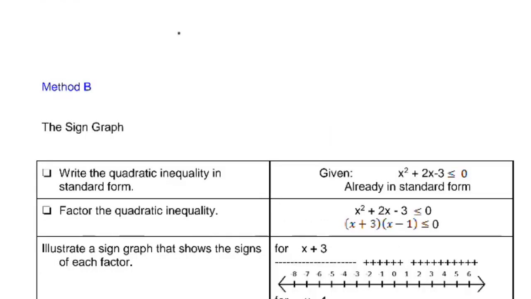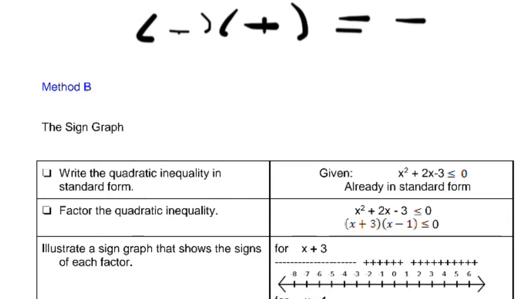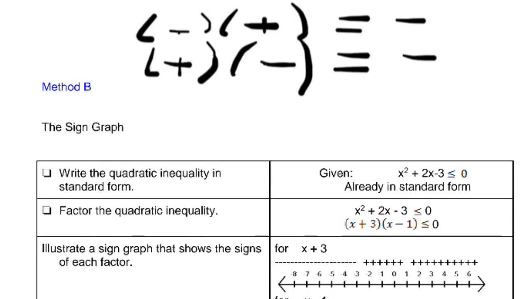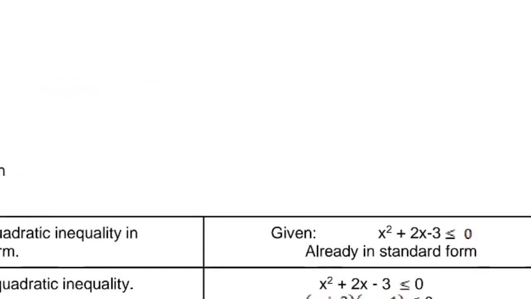So negative times positive is negative, then positive times negative number is also negative. So we can say that it's either the first factor is negative and the second factor is positive, or the first factor is positive while the second factor is negative.